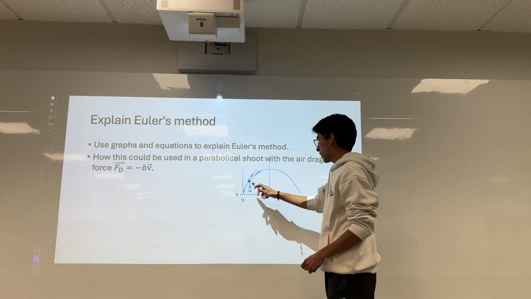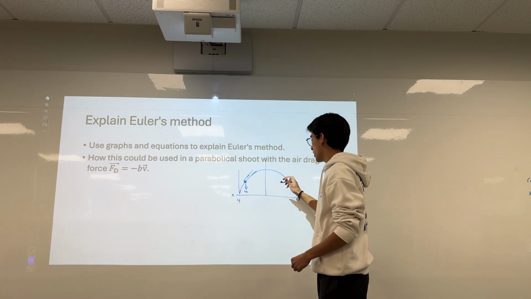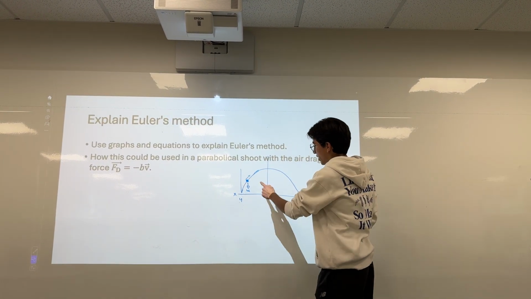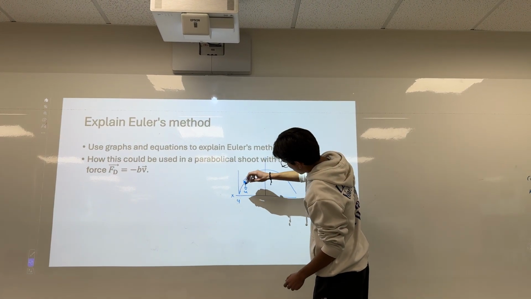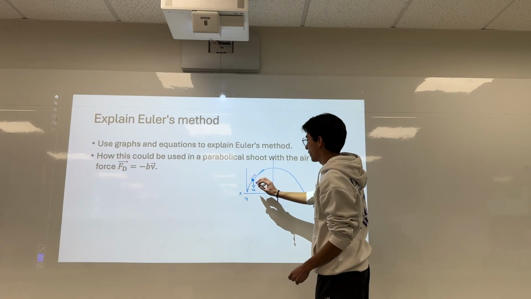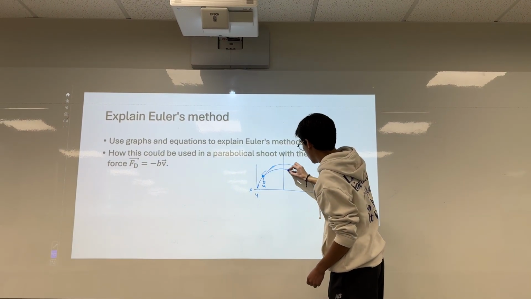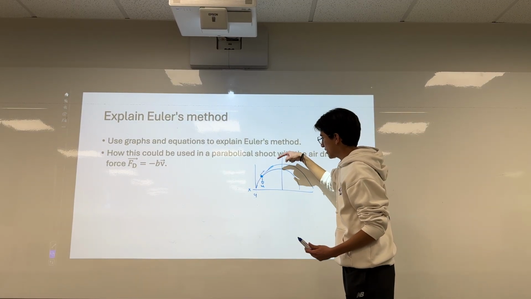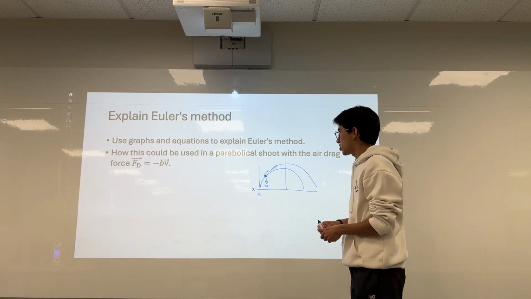So an ideal parabolic shoot without drag force will, in this case, be this parabolic shoot. But in case of having drag force, the shoot would go shorter, because there is a force that is applied on the opposite way of the shoot.